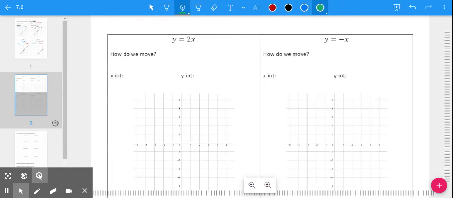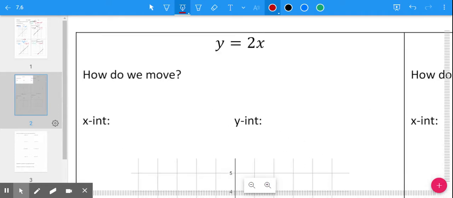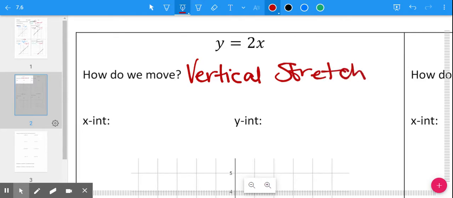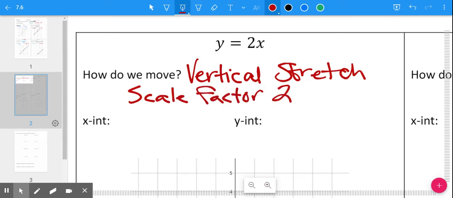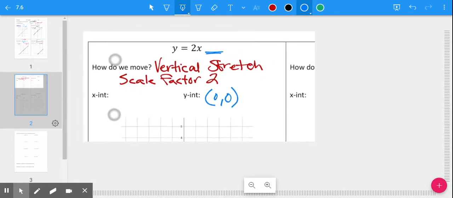So now what happens when our slope is larger than 1. So just like with quadratics, when we had an a value that was larger than 1, it created a vertical stretch. So we're going to write that for this one. This is a vertical stretch with a scale factor of 2. So because there's nothing added on to the end, our y-intercept is still (0, 0).